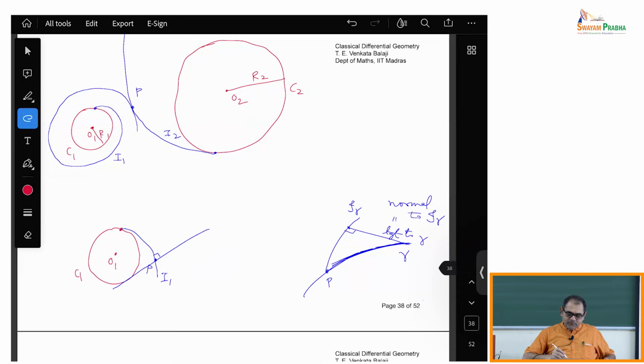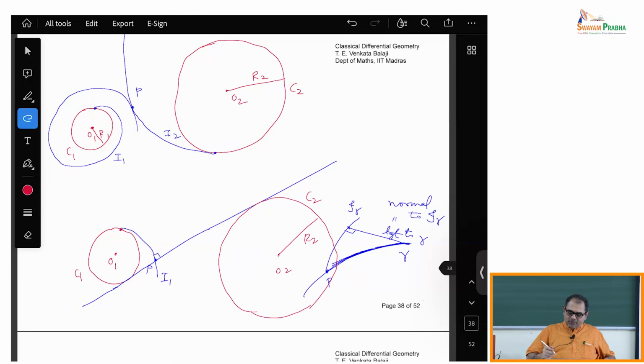So basically what you do is you extend this line, and now you draw another circle here with this as tangent. This is my circle with center O2, radius R2. This is my circle C2.